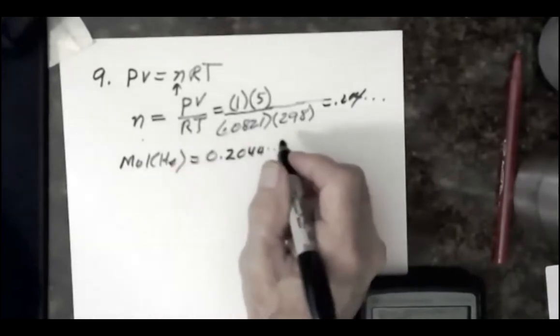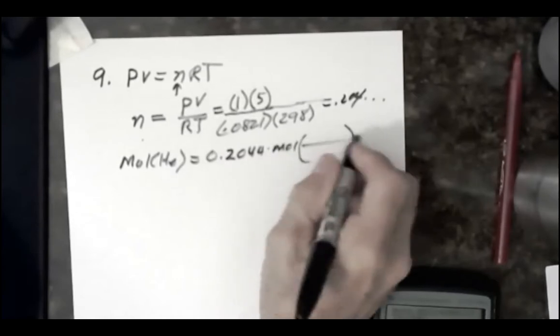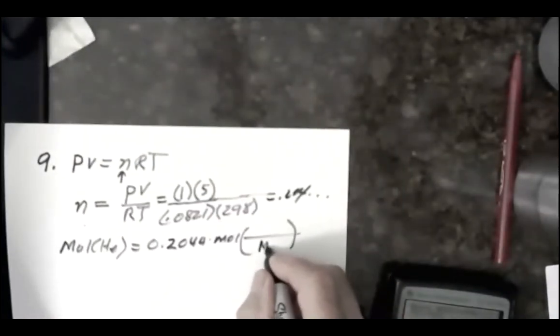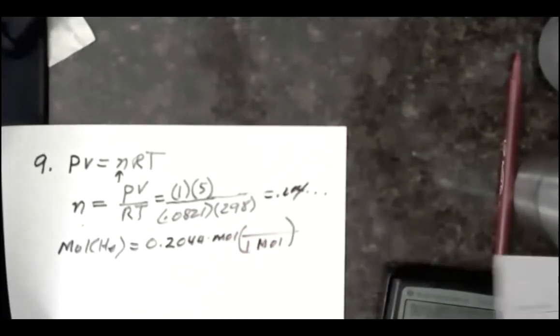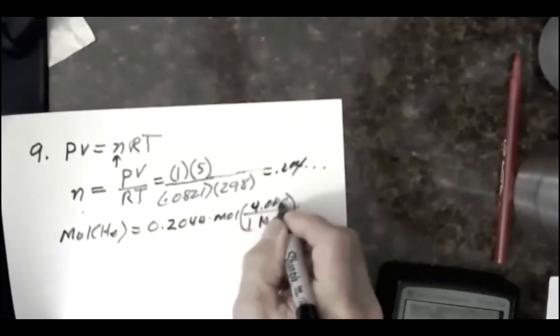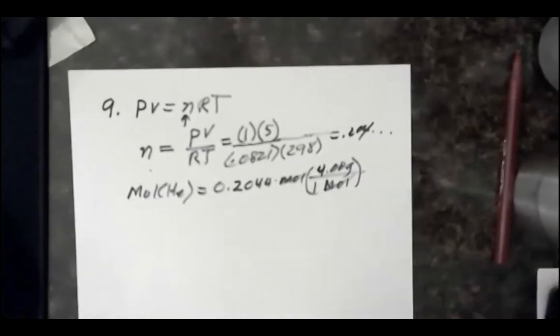The question asked for mass, so this is moles. So if I want to go from moles of helium, one mole of helium from the periodic table is, helium is 4.00 grams per mole. Okay, so I just need to multiply my answer by 4. And I'm coming out with 0.81746, some digits.